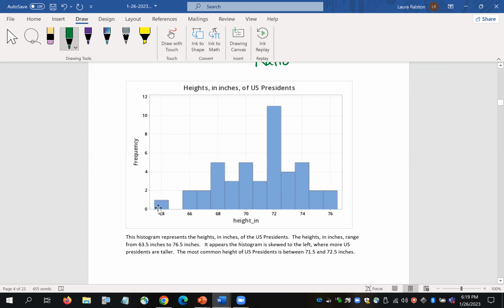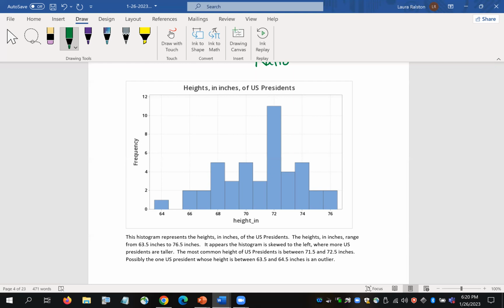Since there's this one here that's between 63.5 to 64.5, and then there's a gap, we might argue we could say possibly the one U.S. president whose height is between 63.5 and 64.5 inches is an outlier.